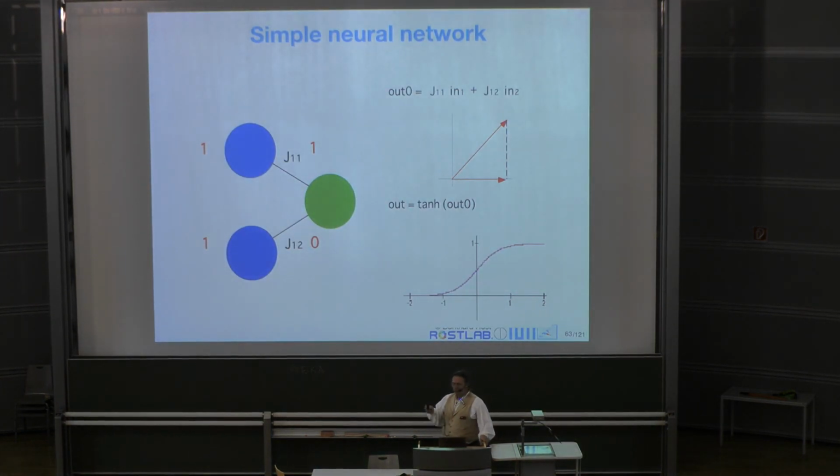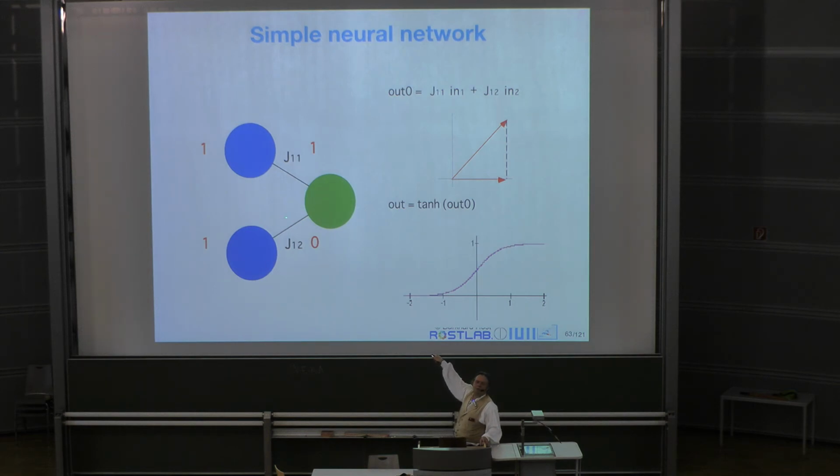What a neural network does, or one of these particular types of networks, are these layered networks that are as follows. You have in blue an input, and in green an output. You have a connection between these two in this way. The computation is done by you multiply the input here with the connection, with this value.